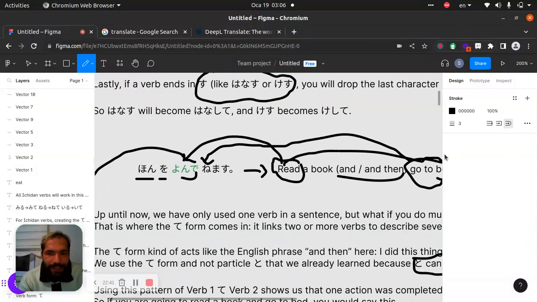Okay? It makes it and then: te, nde, shite, and ite all make it like and or and then. To is also used for and, but if you want to say and then in the sentence, like I read a book and then I will go sleep, or I'm with my friend and then I will go to school, and so on.